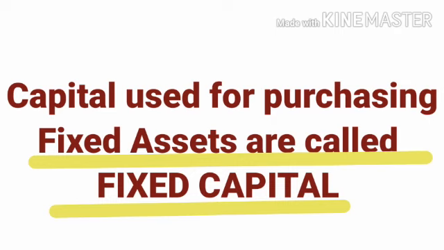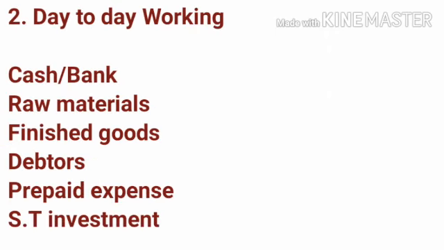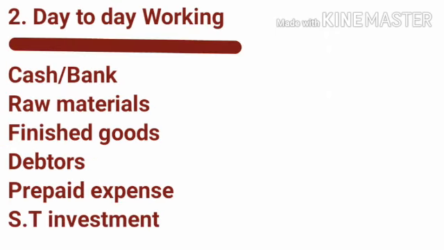Clear? So in the establishment phase, business requires fixed assets and the amount used for purchasing the fixed assets is called fixed capital. So coming to the next purpose of capital, that is for the day-to-day working.